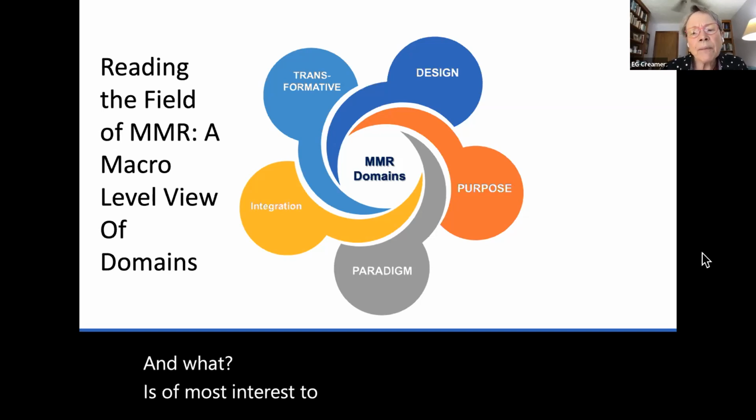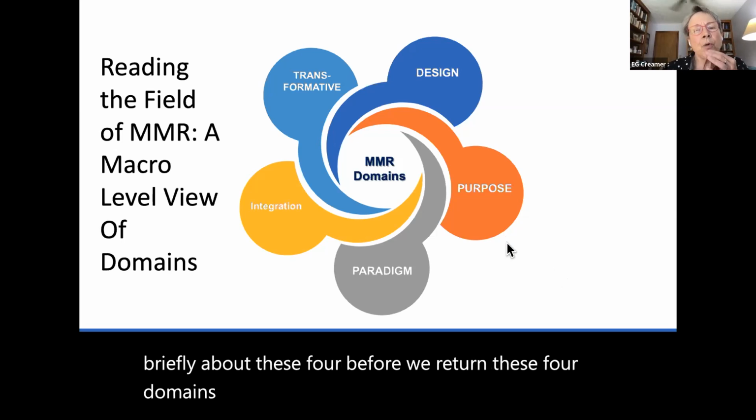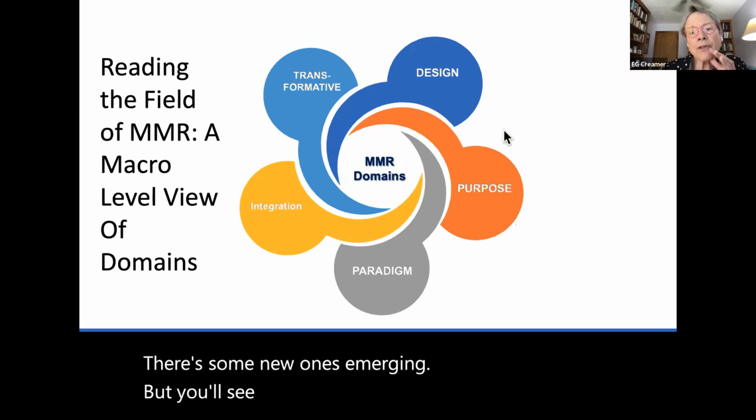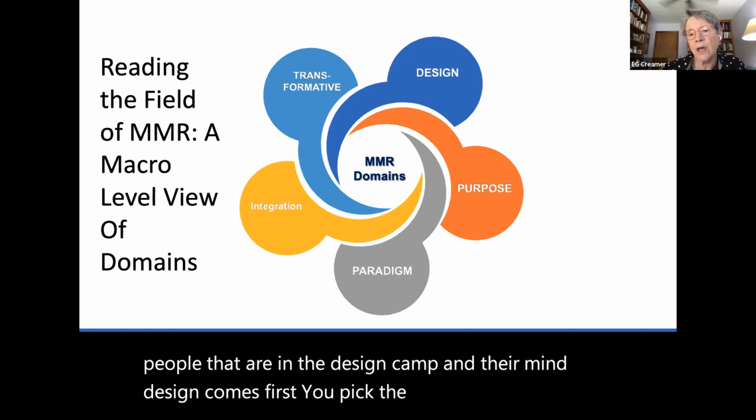Most people, let me talk briefly about these 4 before we return, these 4 domains, 5 domains. There's some new ones emerging. But you'll see that there's a whole cluster or camp of people that are in the design camp. In their mind, design comes first. You pick the design first.